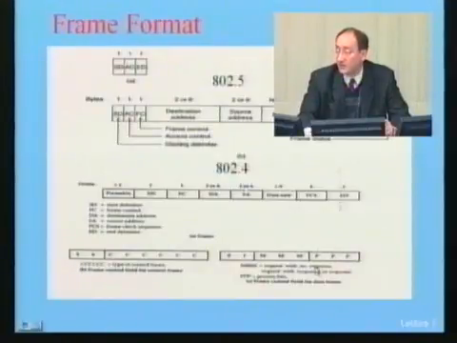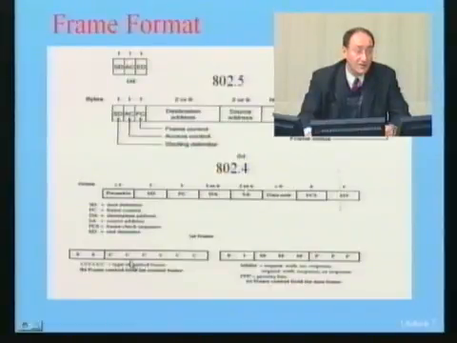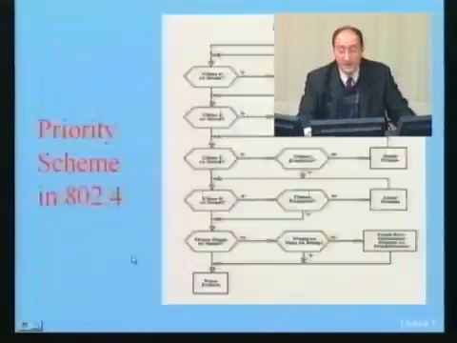That means I know I have data in here, and frame control tells me the priority of the data. Sometimes I don't have data in here; I have only a control signal. If I have a control signal, these bits will tell me what type of control signal it is. So there is no priority involved there. That's basically what it is.